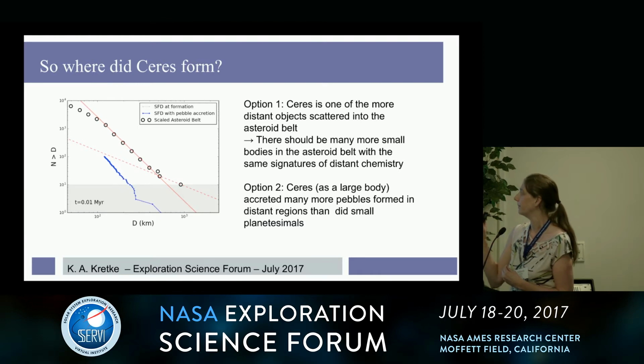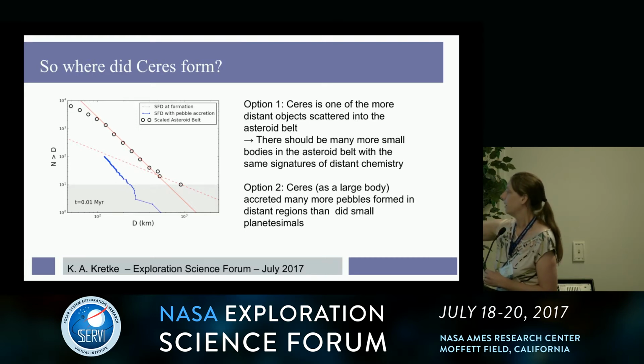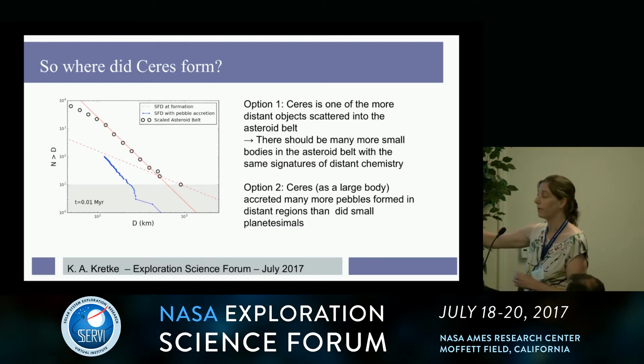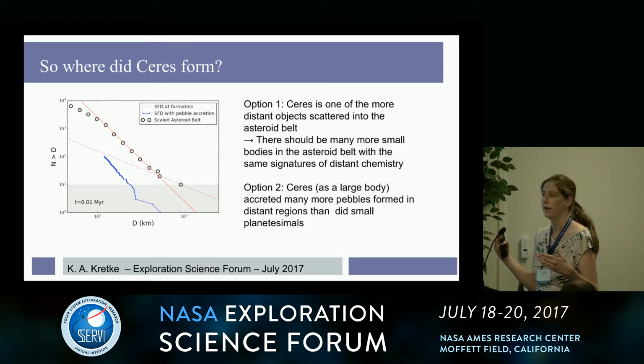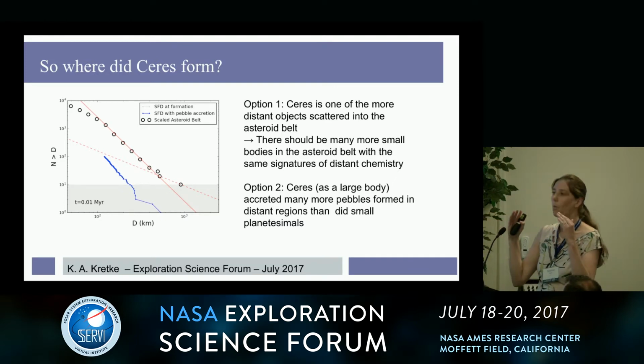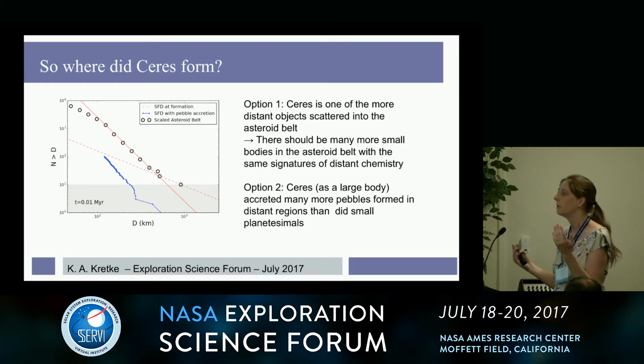So in this figure here, we're seeing the size of an asteroid with the cumulative size distribution. The blue curve is going to be our model showing where planetesimals are being formed, and then the circles are indicating the distribution of asteroids today.